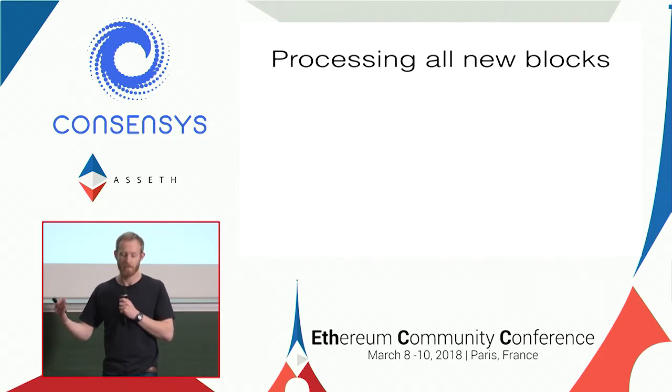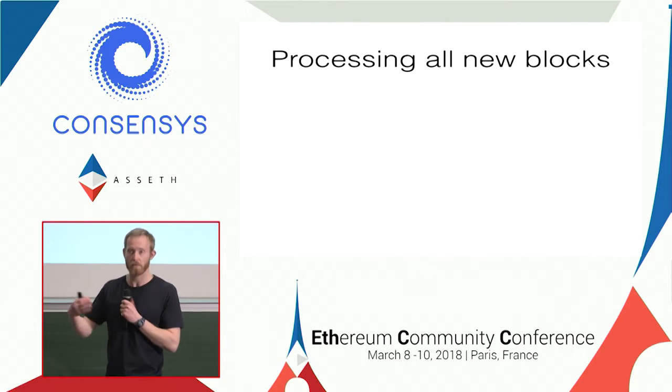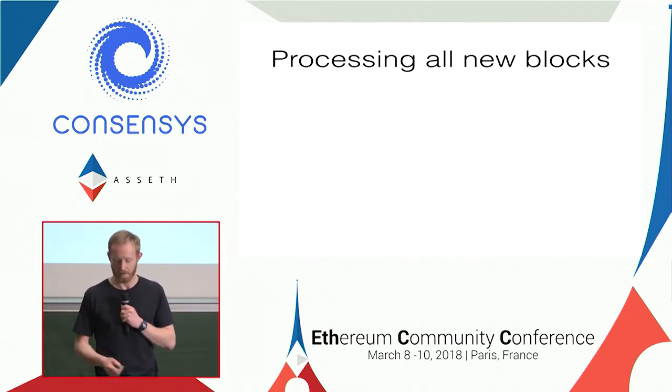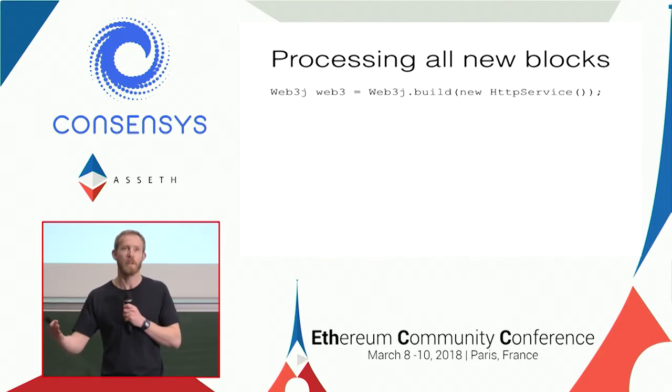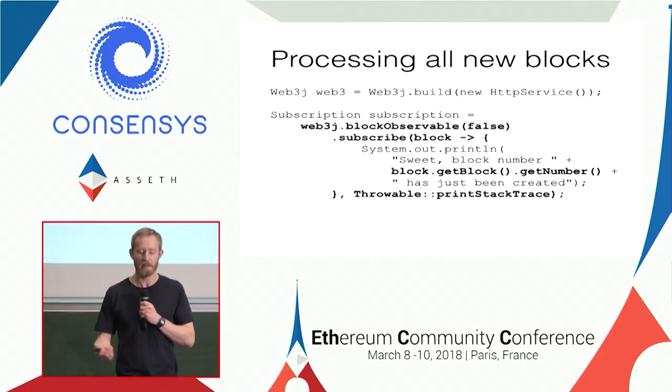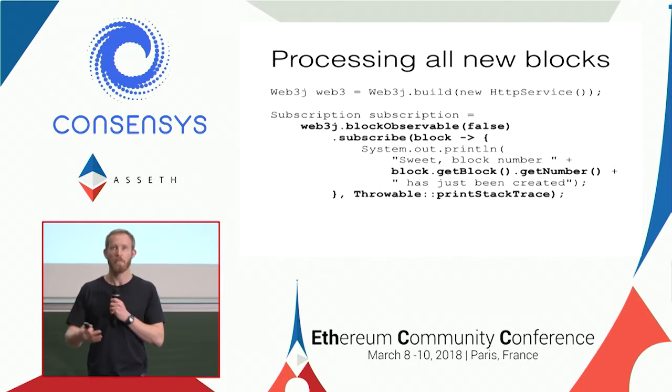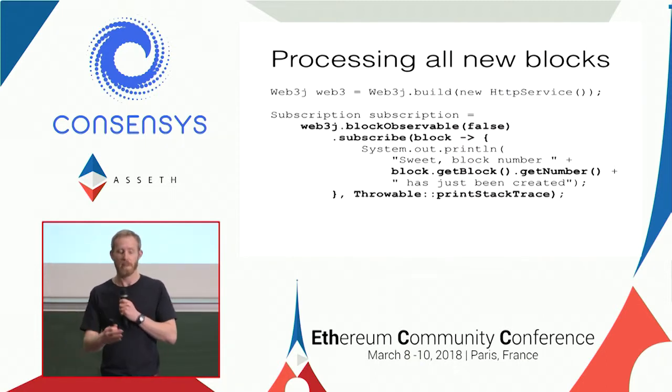That's separate from the notion of Ethereum's event log or log events. If we want to process all historic blocks in the Ethereum blockchain, we just say we want a block observable, and this will replay the blockchain. Every time a new block gets created, you've got some code there that can do some arbitrary processing on that block.